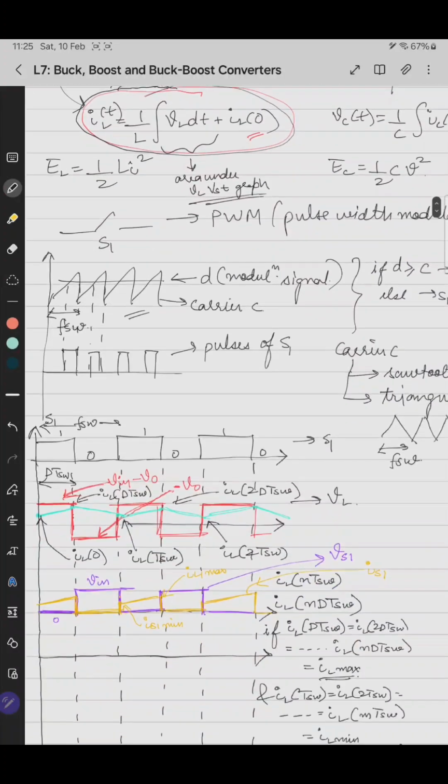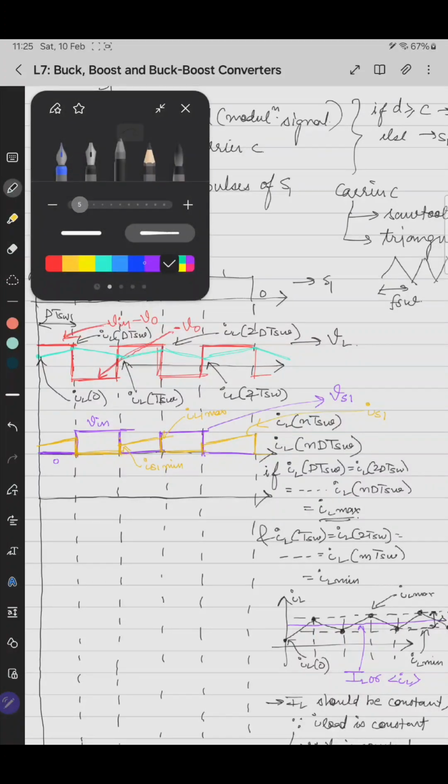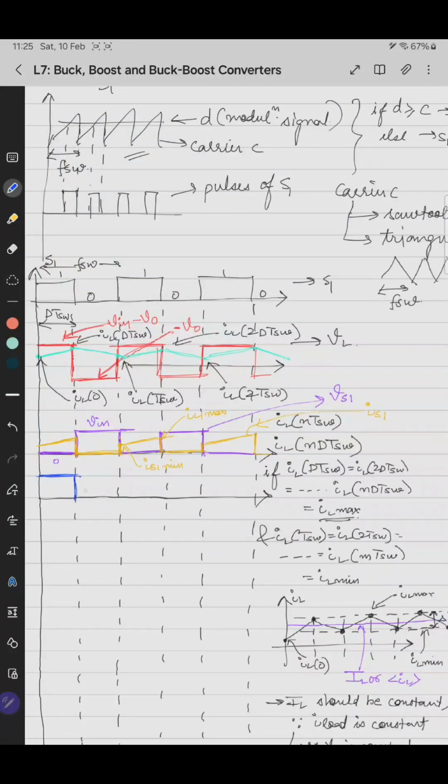So it will be from V in to 0. It will be like this. This waveform is Vd. This value is V in.